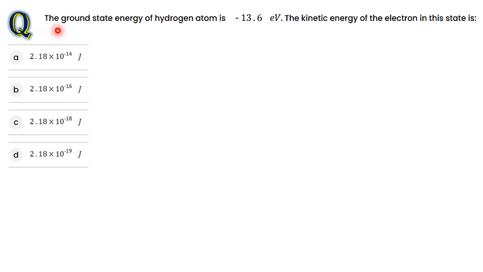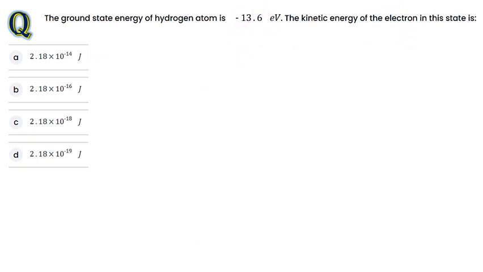Okay, now the next question here is the ground state energy of hydrogen atom. The electron of a hydrogen atom in the ground state has energy minus 13.6 electron volt. In that case, what is the kinetic energy of the electron in that state? All the answers have been given in joules, so you have to convert electron volt into joules.